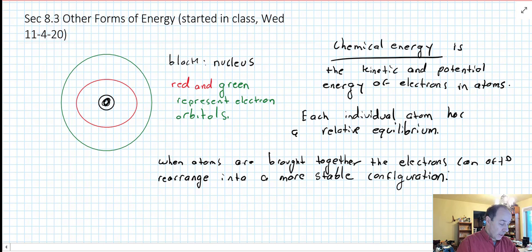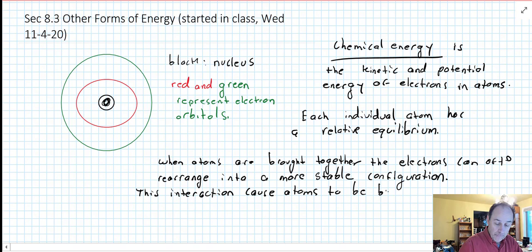Okay, so this interaction causes atoms to be bonded to one another.